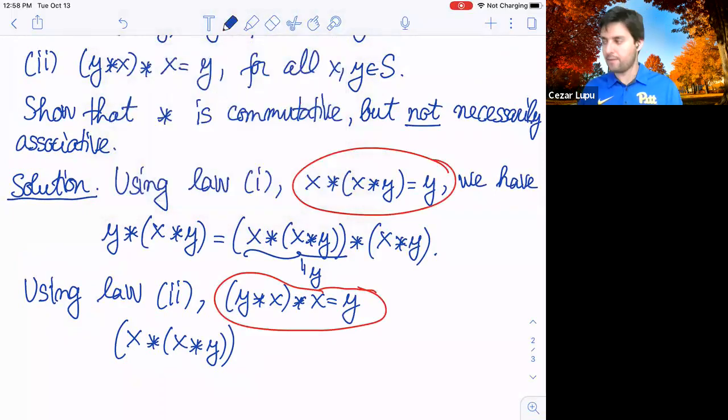Once we have this, we have this X star Y.